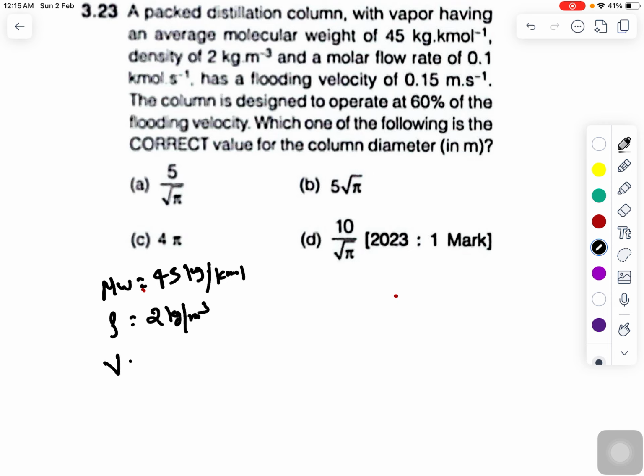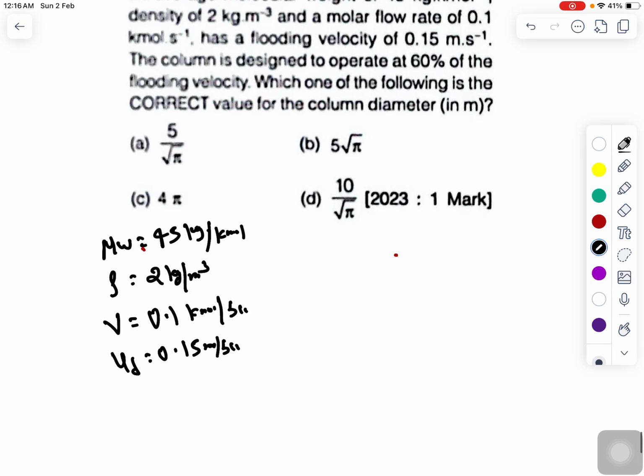So let's say the vapor molar flow rate equals 0.1 kilomole per second. The flooding velocity UF is 0.15 meter per second, and the column is designed to operate at 60% of the flooding velocity. So the operating velocity is 0.6 multiplied by U flooding. You are supposed to calculate the column diameter.